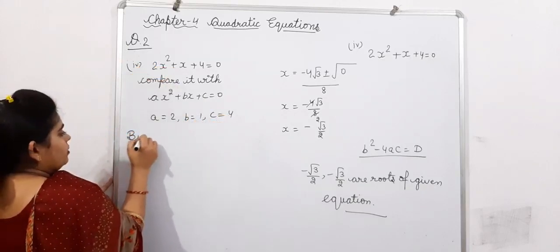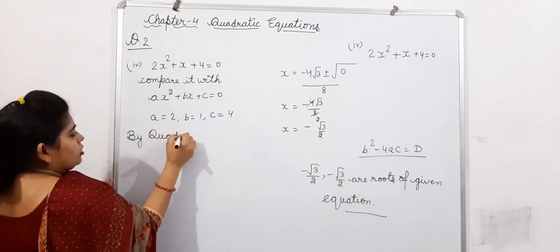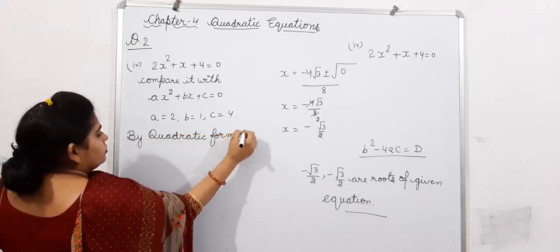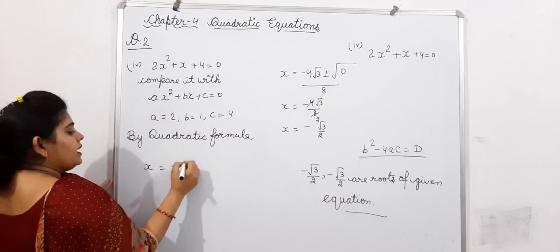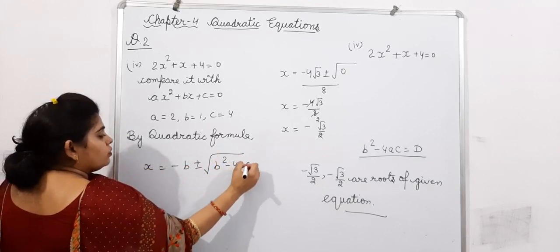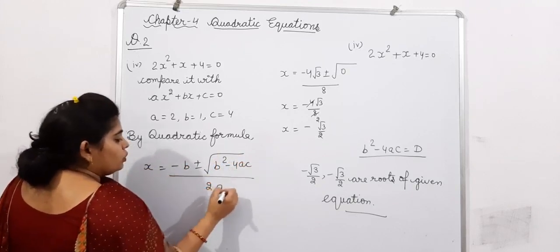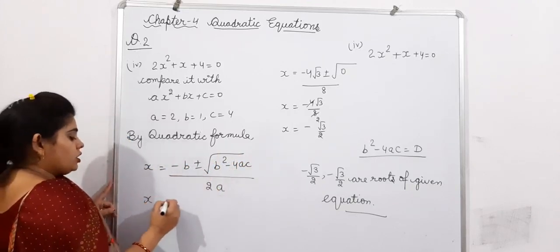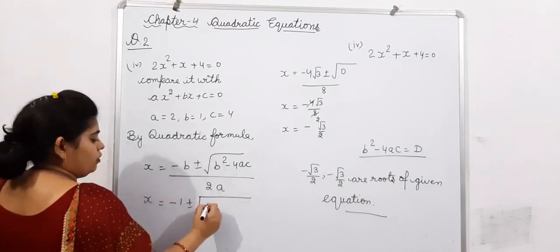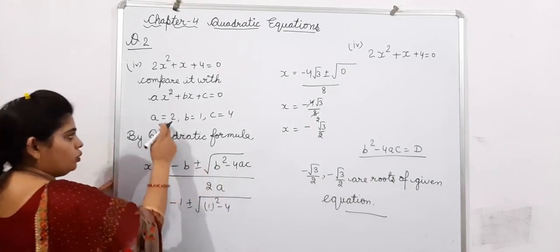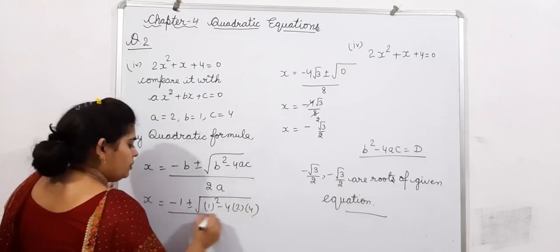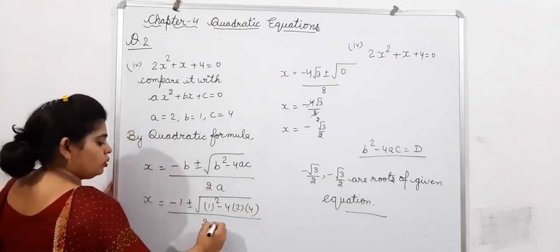So by the quadratic formula, x is equal to minus b plus minus square root of b square minus 4ac divided by 2a. From here, x is equal to minus b means minus 1 plus minus square root of 1 square minus 4 into a is 2, c is 4, divided by 2a means 4.